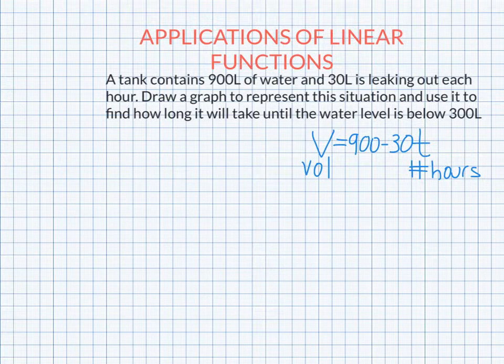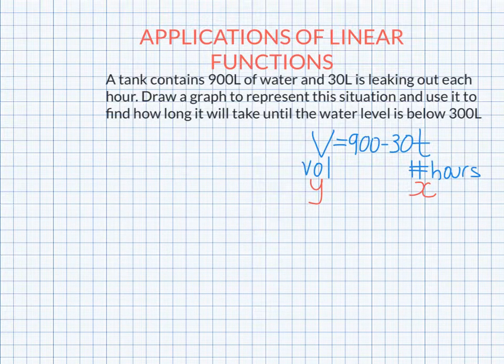What we need to know is when we have worded problems like this, we want the independent variable along the horizontal axis, the x-axis, and the dependent variable along the y-axis. Here, the independent variable is time. The time doesn't depend on how much water is leaking. Time just keeps going on no matter how much water is leaking.